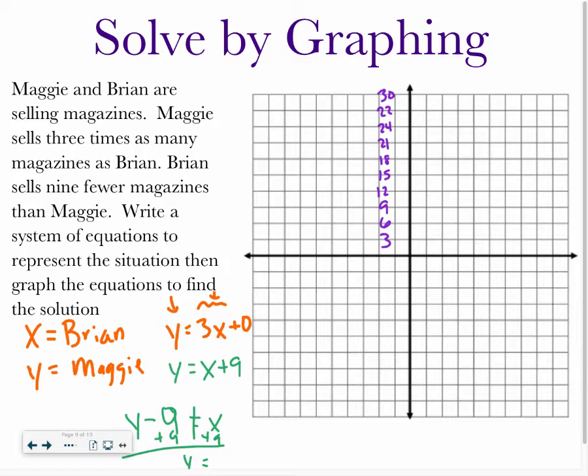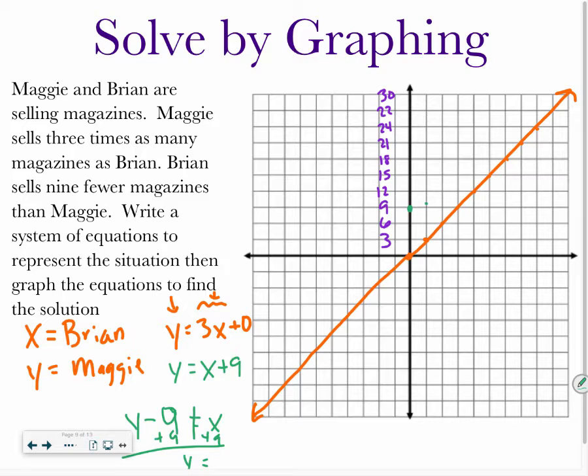Okay, so let's try graphing y equals 3x plus 0 again. So we have a point at the origin, and we're going up 3, so that's my first line now because I changed the scale, over 1. So this is what that first graph will look like. Okay, and let's try graphing that second one now. We have y equals x plus 9. So I start here and I go up 1 over 1.